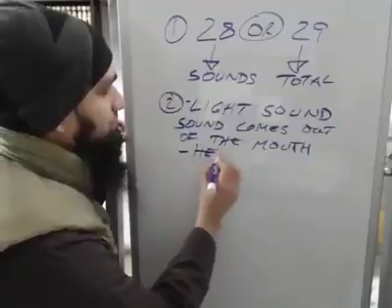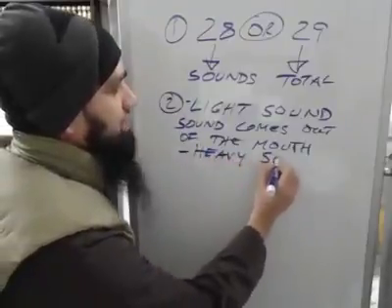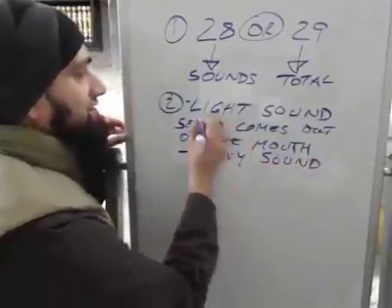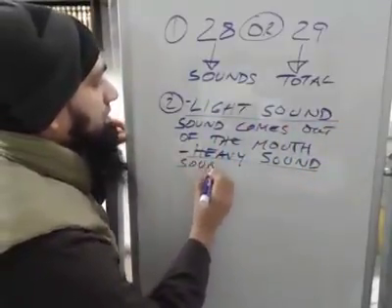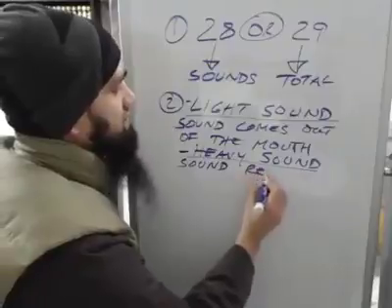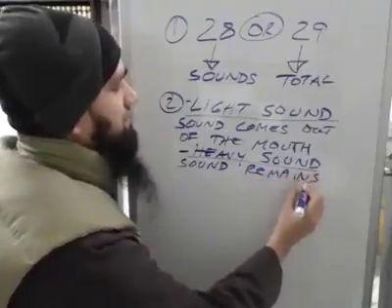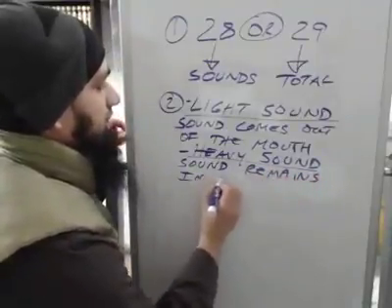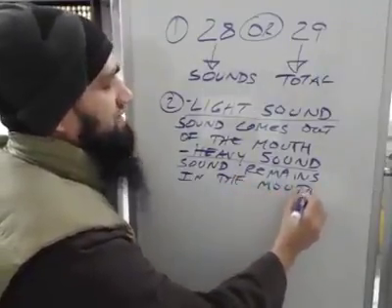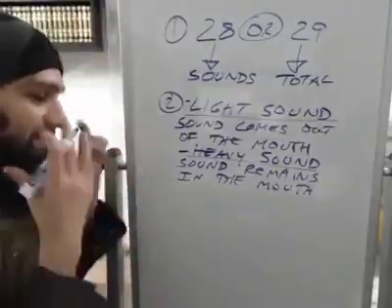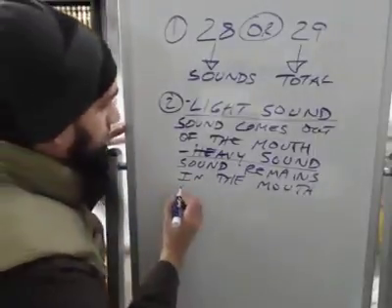And heavy sound, you can tell what the heavy sound is. For the heavy sound, the sound remains in the mouth. The sound remains in the mouth, and the mouth is full, right?